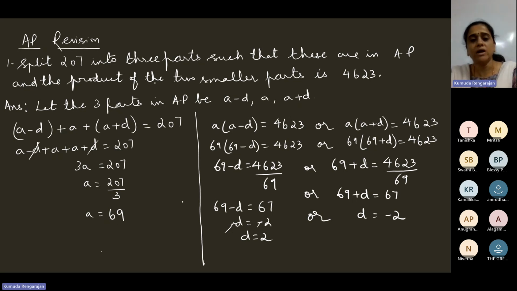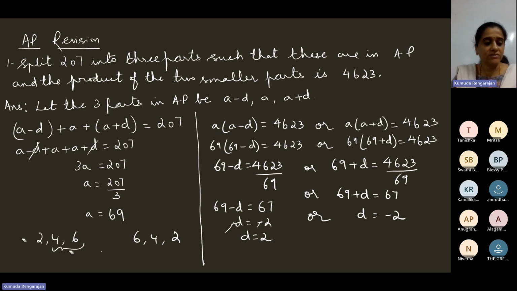Next, the product of the 2 smaller parts is 4623. So see, now supposing we have numbers 2, 4, and 6. They are in AP, but 6, 4, 2 are also in AP, no? In this case, these are the 2 smaller parts.